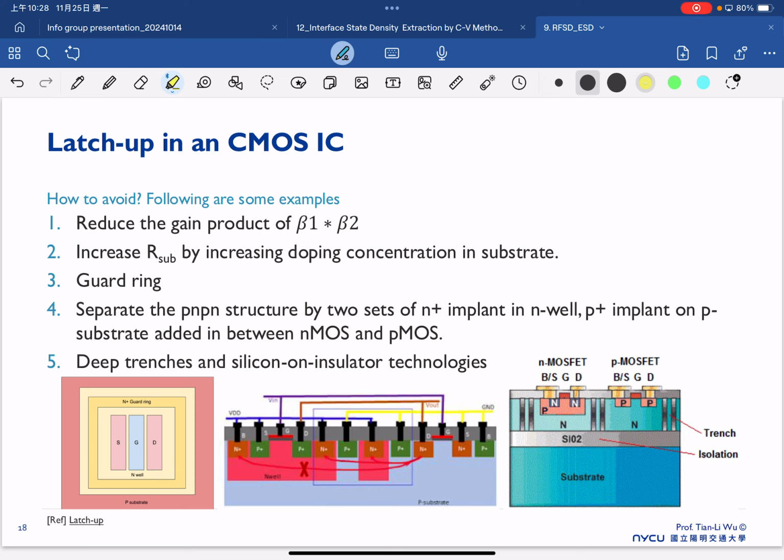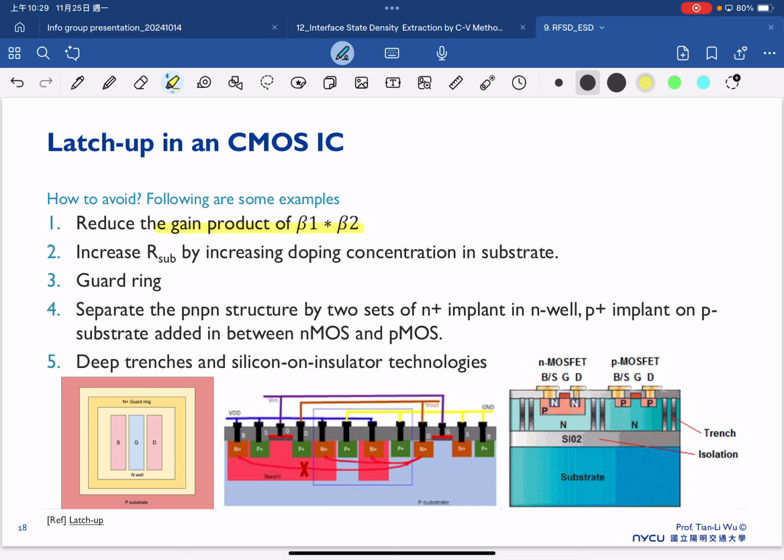There are also other strategies. All these strategies mainly come from what we understood about the issue we have been talking about, because we already know latchup is mainly because of the beta of our parasitic BJT. So if we can reduce beta 1 times beta 2, that for sure can reduce the happening of the latchup event.